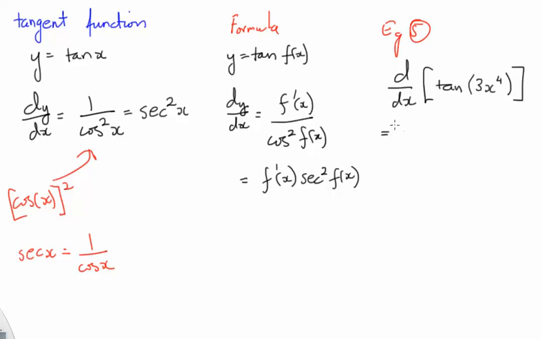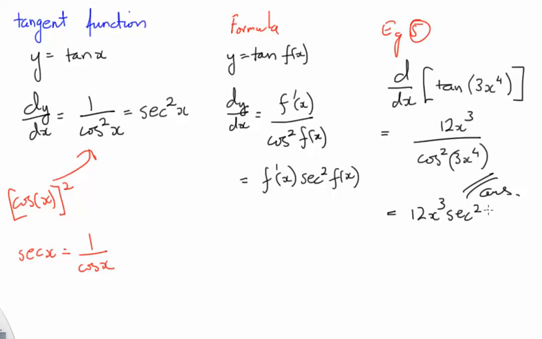Well, that derivative equals the derivative of that, which is 12x cubed, divided by cos squared of 3x to the power of 4. Or you could write it like this, and this is important for multiple choice, you could see it written like that as well. That's another appropriate answer.